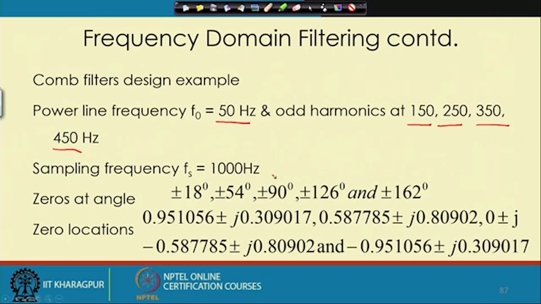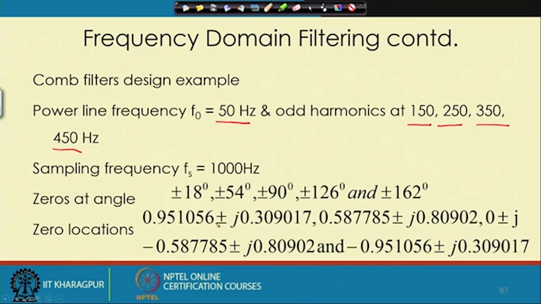The sampling frequency here again remains the same, 1000 hertz. We know for 50 hertz we need zeros at 18 degrees. For the third harmonic, 3 into 18, that is 54 degrees, we need zeros. Then for the fifth harmonic at plus minus 90 degrees, for the seventh harmonic at plus minus 126 degrees, and for the ninth harmonic at plus minus 162 degrees.